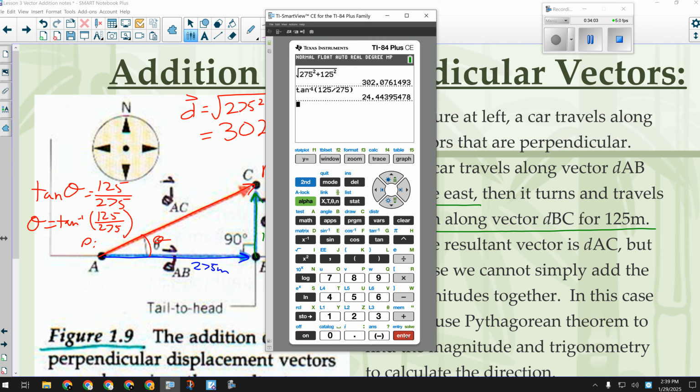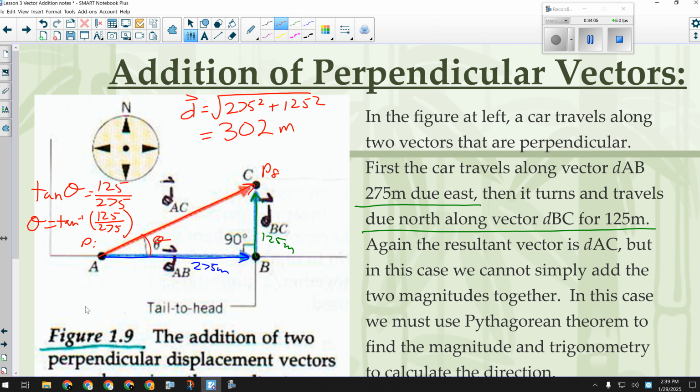So it comes out to 24.4 degrees. What direction should I put on that? North of east, exactly. My angle arc, as I have it drawn, is touching due east. The line is north of due east, so north of east. You could also say the complementary angle, and it would be east of north, and that would be fine.